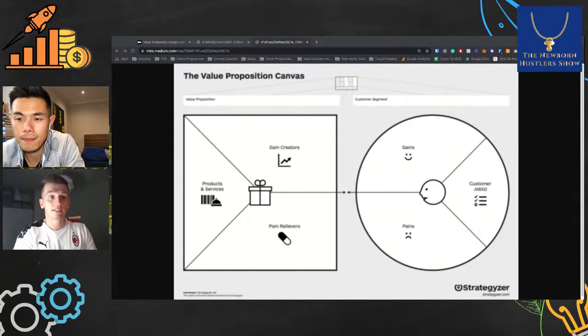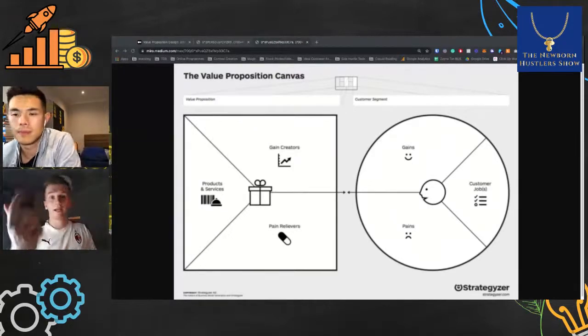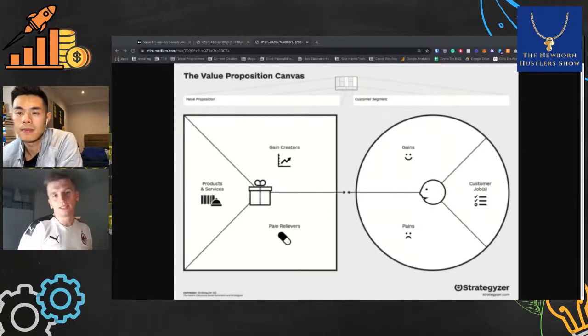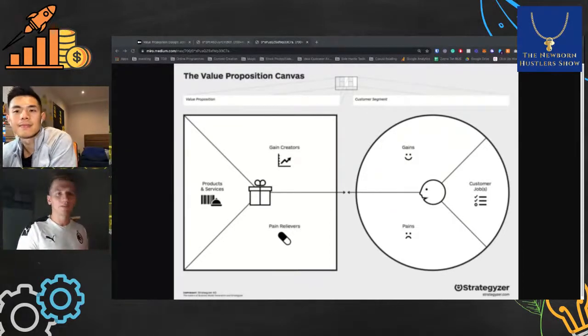But gain creators of this credit card will be, for example, the fact that you can pay with it in any shop, let's say in the UK or in Europe. You can take money out of an ATM with this card in every ATM in Europe or whatever. These will be gain creators. These are extra things that are not necessary for us, but it's nice to have them, right?